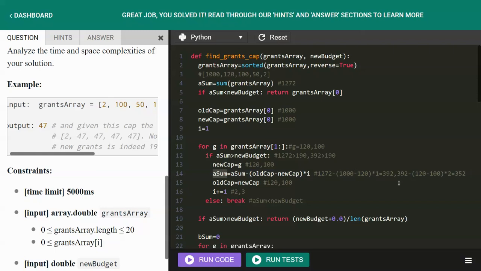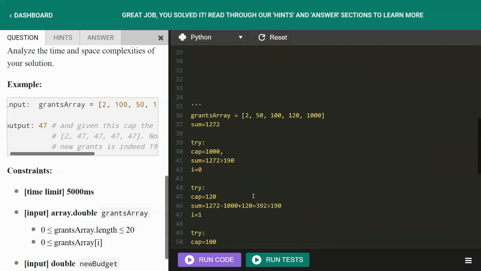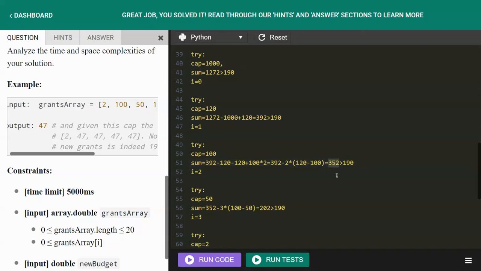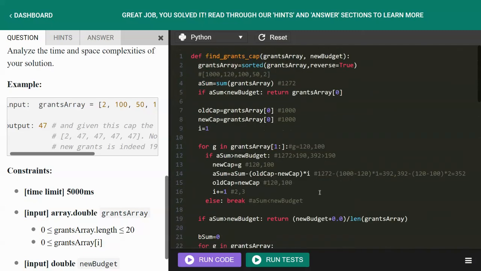The running sum right now is 392, the prior running sum, minus the difference between the old cap and new cap times the number of grants being impacted. So the new running sum is 352, and that's still greater than 190.